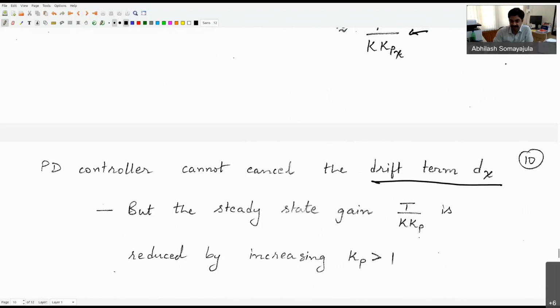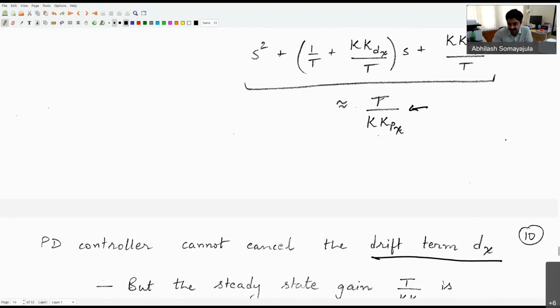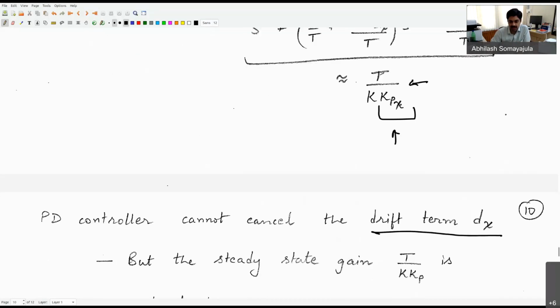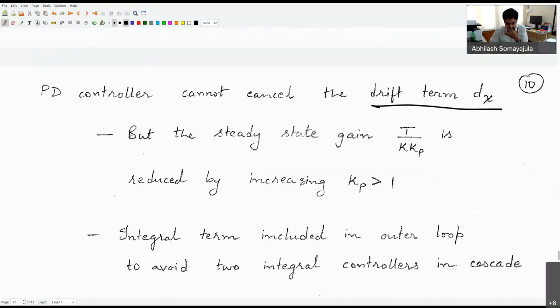And in order to reduce that, we can see that as I increase the value of Kp psi higher and higher, this value will become smaller and smaller, resulting in the disturbance effect being smaller and smaller. Okay, so a higher gain value will allow me to reduce the effect of the disturbance, but not eliminate it completely. And I have to live with that a little bit.